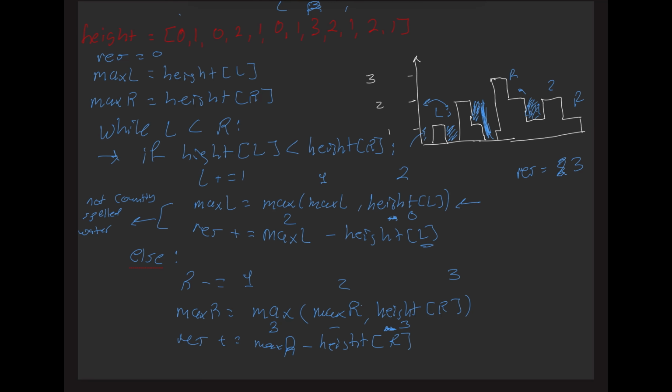And the max, we haven't found anything greater than, so water is being spilled right here where L is equal to 0. And then we do see a noticeable increase here, but again, 0 is smaller than 3, so left is going to increment to 1.